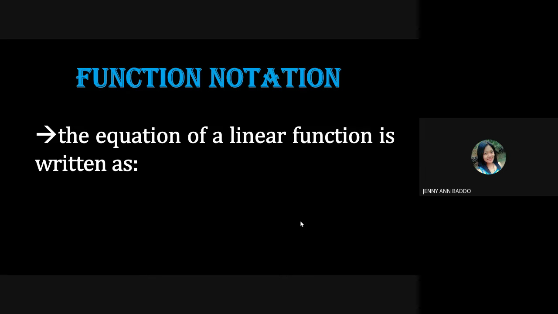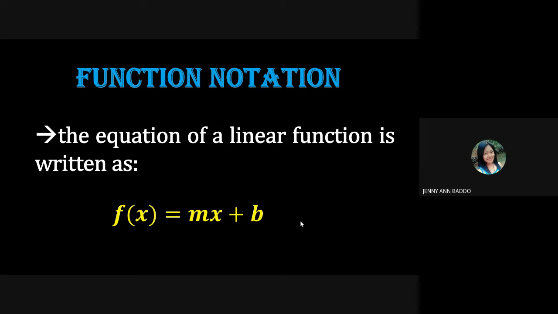Next, we have the function notation. It's the equation of a linear function which is written as f of x equals mx plus b. So what's the difference between the equation presented on the previous slide and this one?